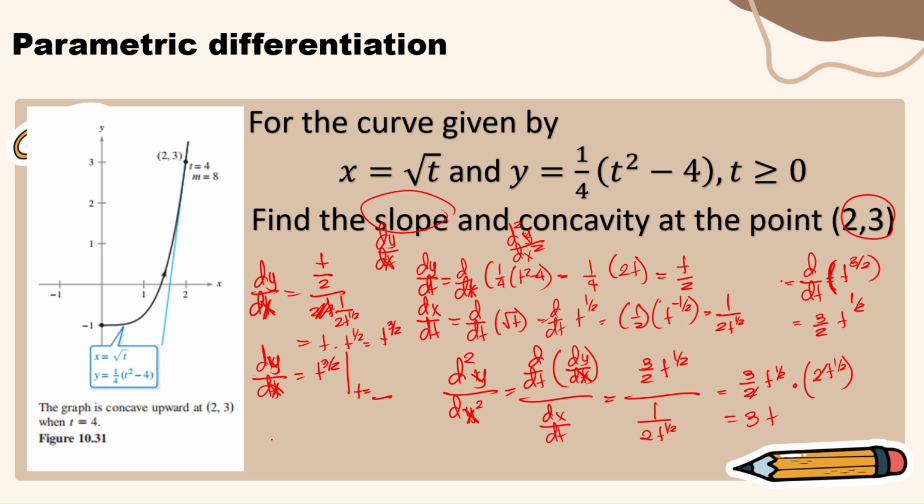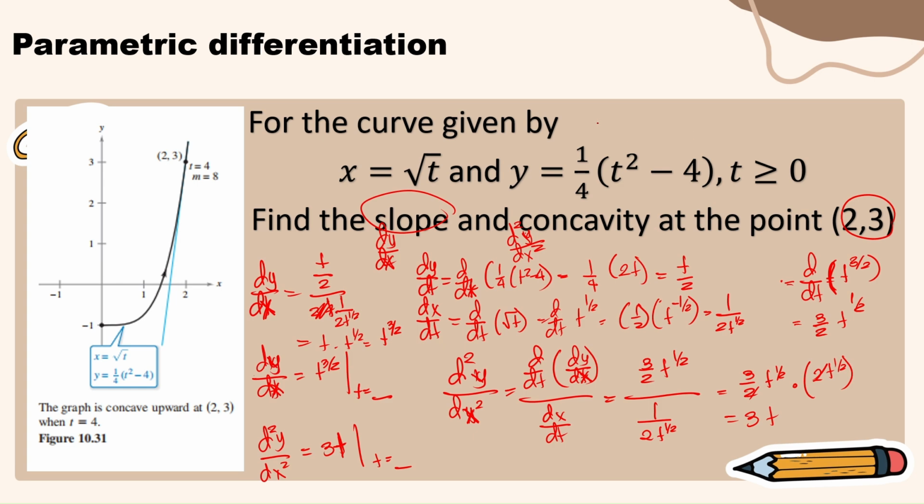So, our second derivative will be equal to 3t. Pero, since ang nahanap dito ay yung value ng slope at concavity, kailangan natin ma-evaluate si first and second derivative sa t is equal to something that will match 2 and 3.